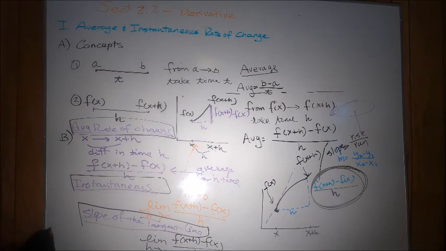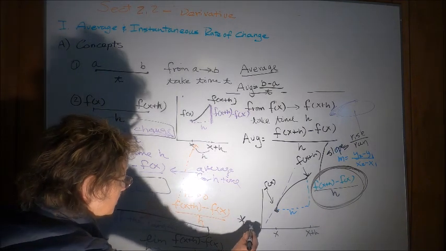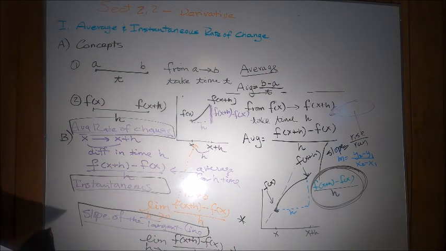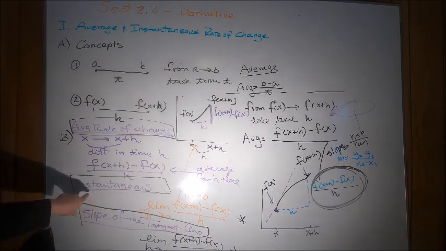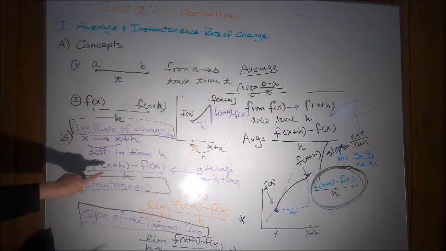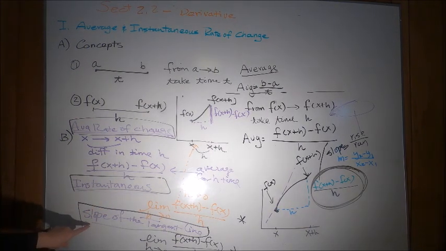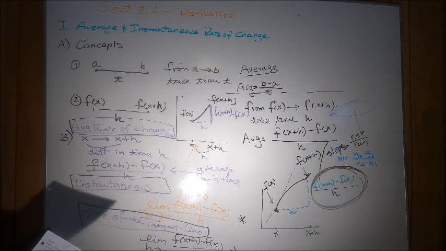So if we look at this, are those two the same? Right? So what we are talking about, the instantaneous rate of change, is the same thing as the slope of the tangent line at that point at time x.